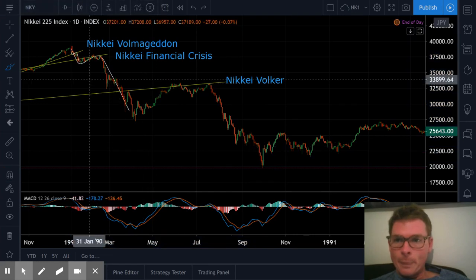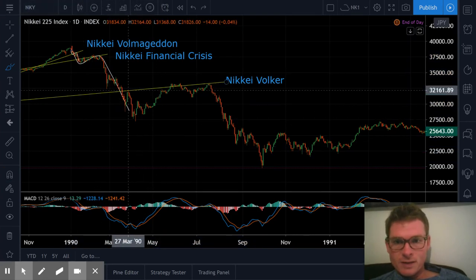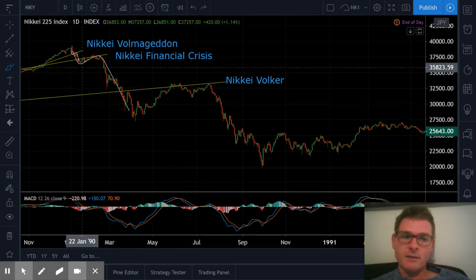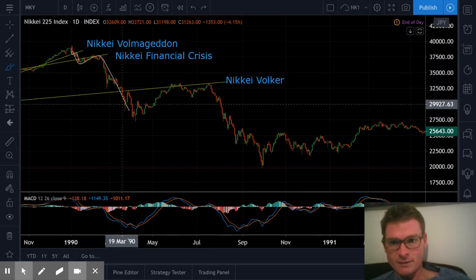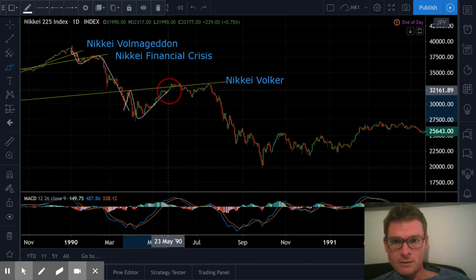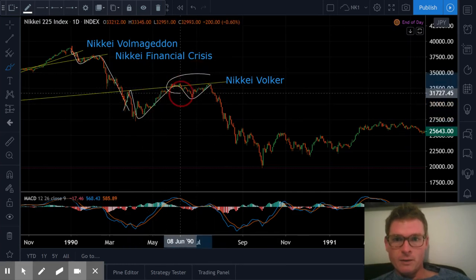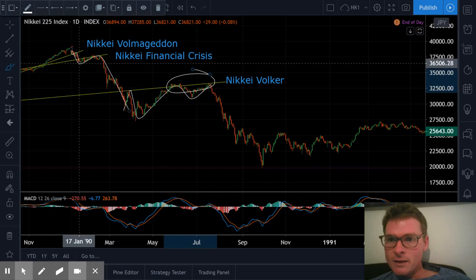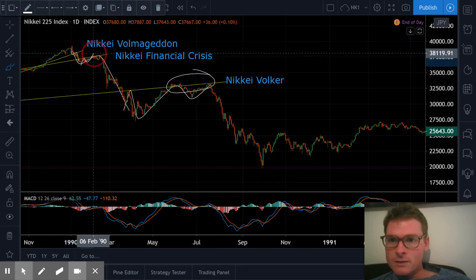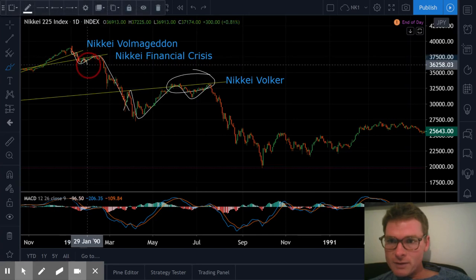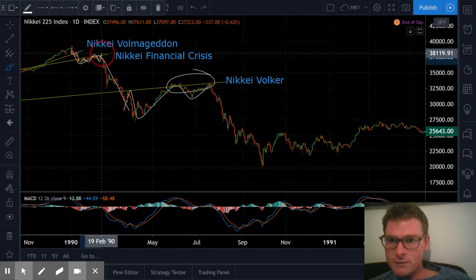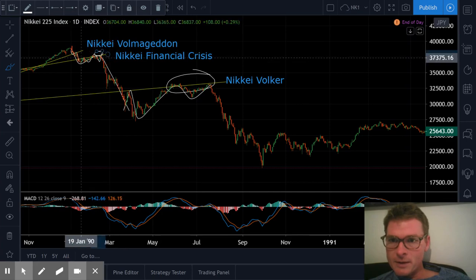If you take a look at this, we had 5 waves on our bull traps underneath our lines, and they have the same here. 1, 2, 3, 4, 5 with the double top, and then 1, 2, 3, 4, 5. Let me try to get cleaner lines. 1, 2, 3, 4, 5 with the double top here.